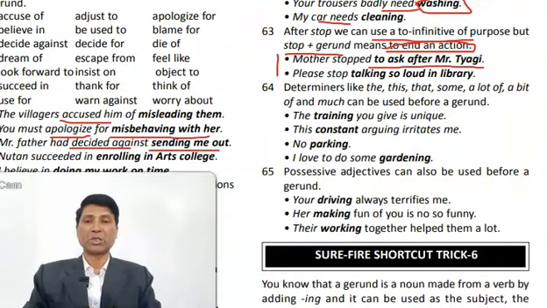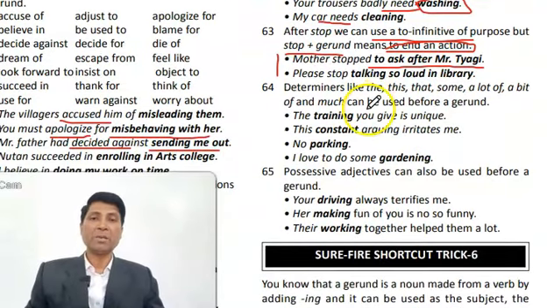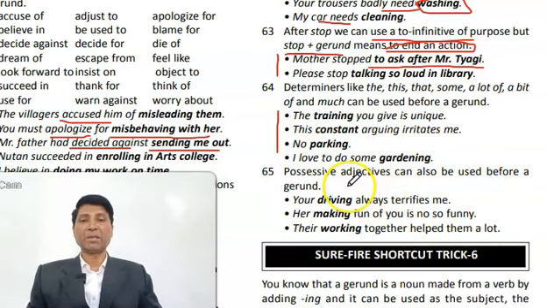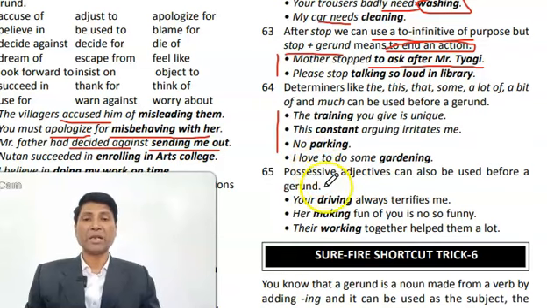Moving on to rule number 64. Determiners like the, these, that, some, a lot, a bit, of, and much can be used before a gerund. Let us look at these examples. The training you give is unique. This constant arguing irritates me. No parking.